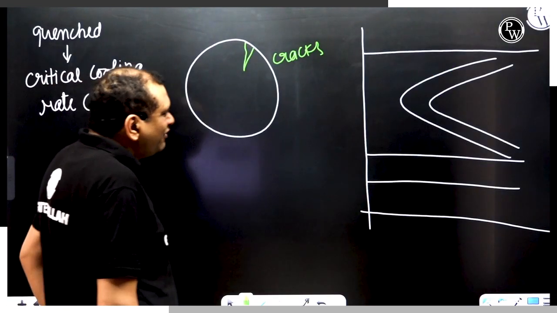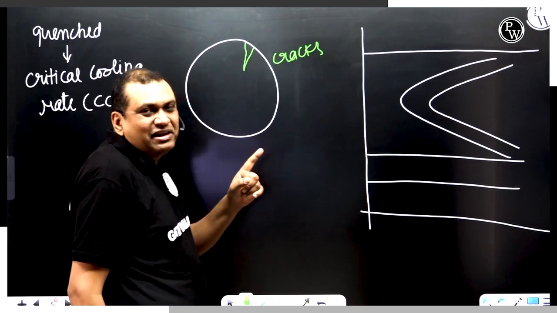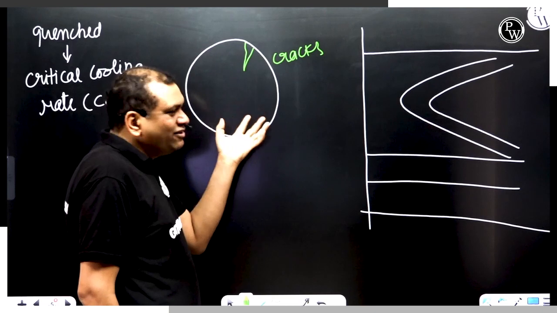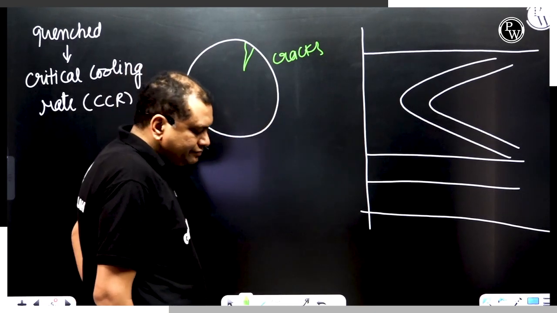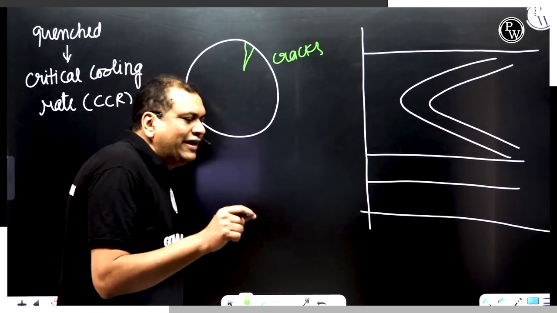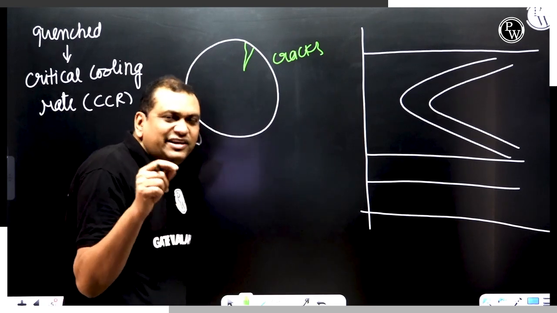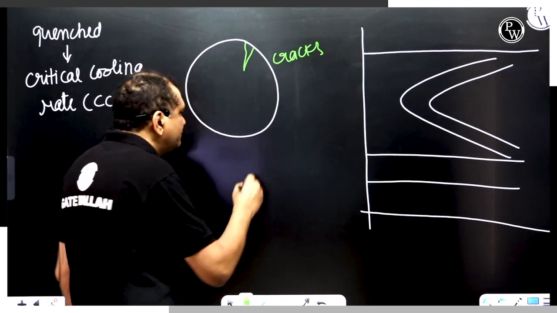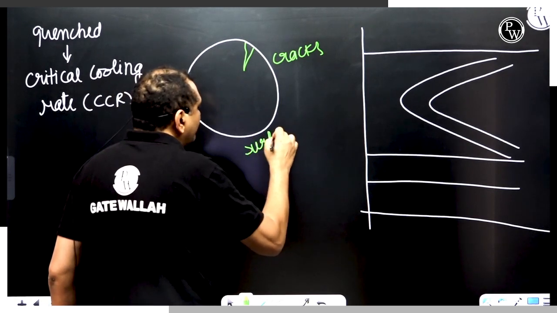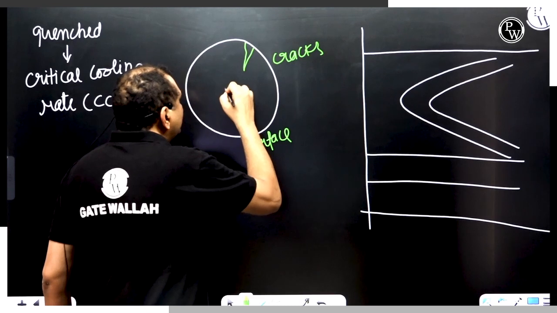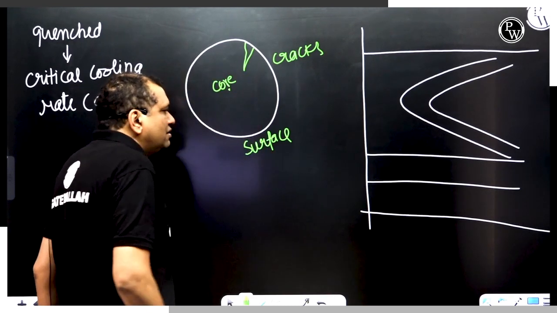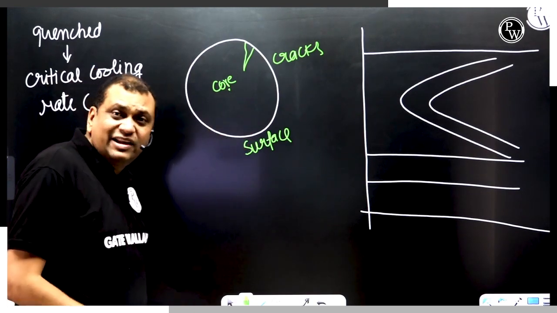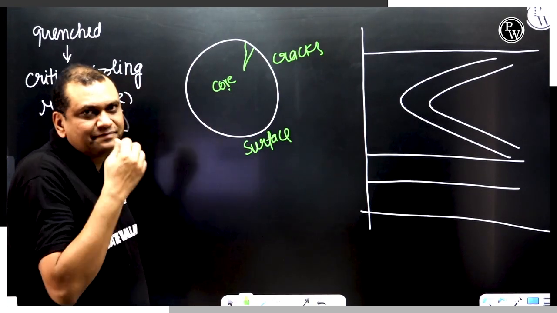I will dictate this particular point, so please hear carefully. This is the austenite sample. When we are quenching in any medium, surface and core, meaning center, will experience different cooling rates.